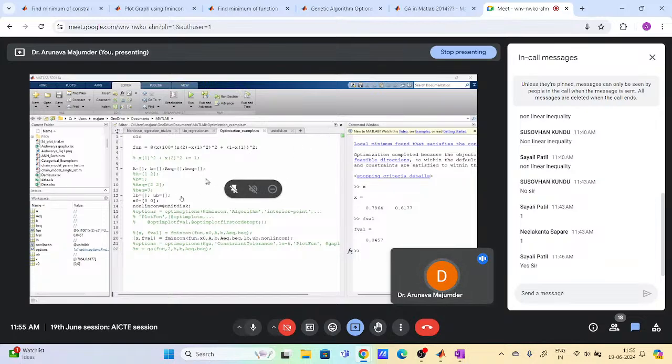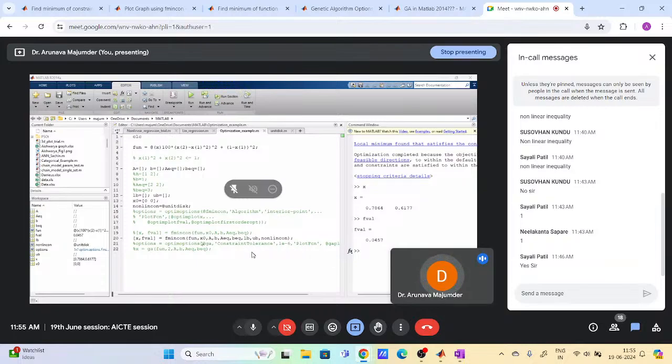But when you use the function, according to the program code, the sequence function x0, capital A, capital B, AEQ, BEQ, this particular sequence you need to maintain.